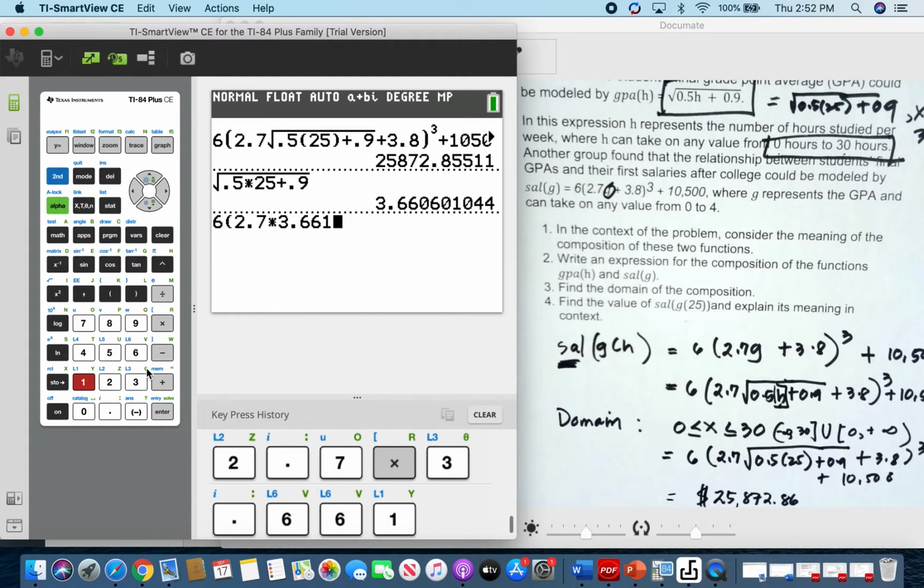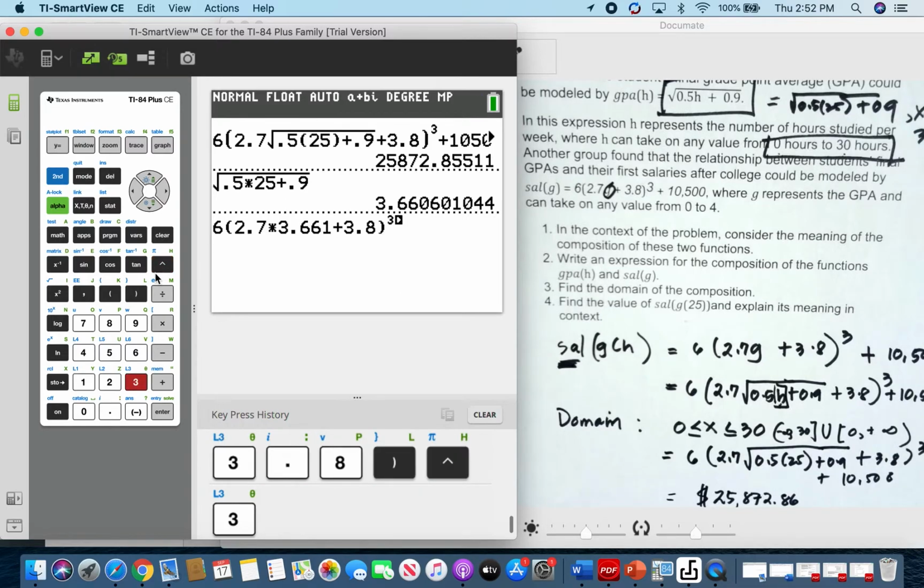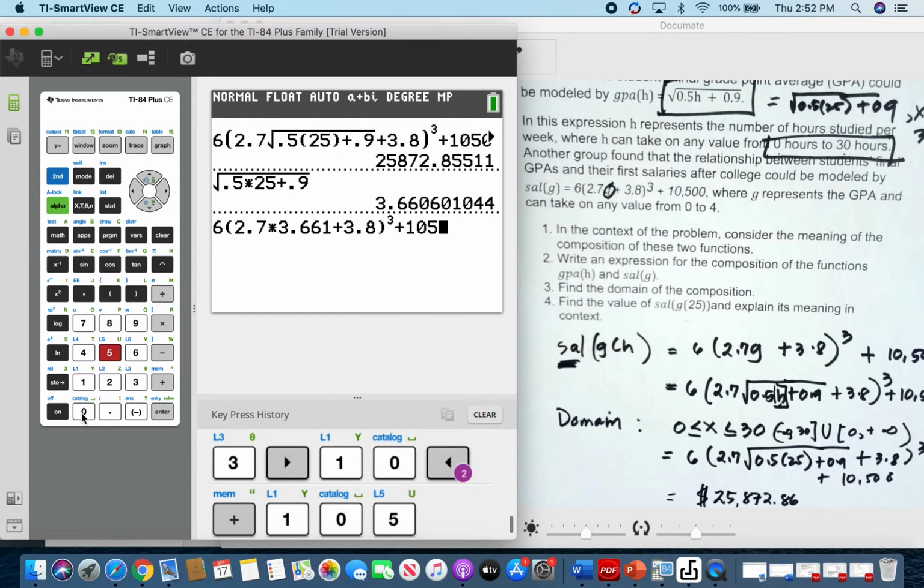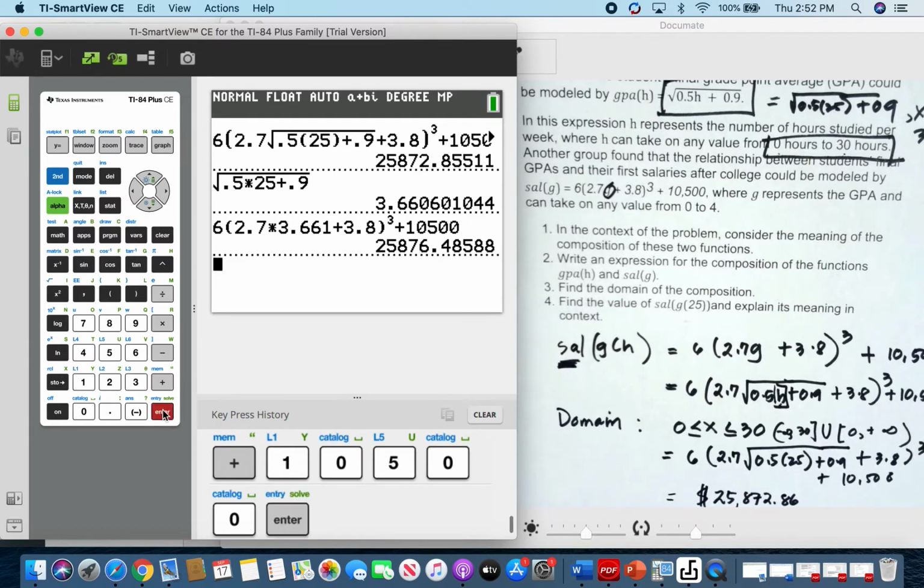And then you will add 10,500. And let's see if you will get the same answer. So add 10,500, and enter.